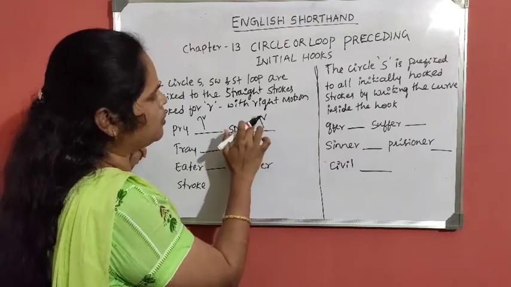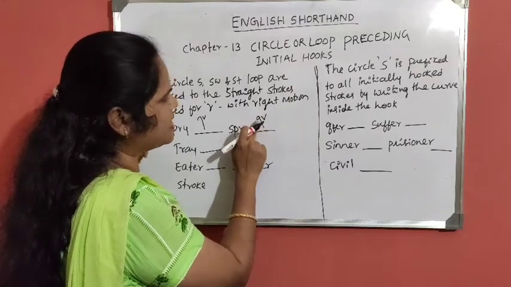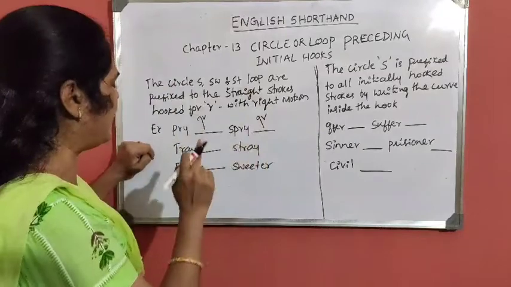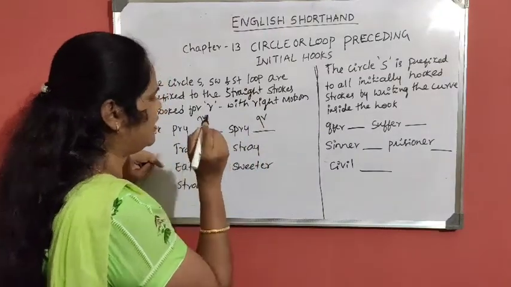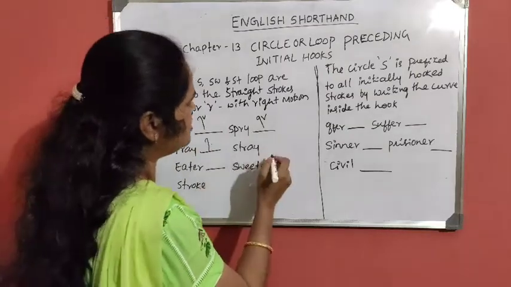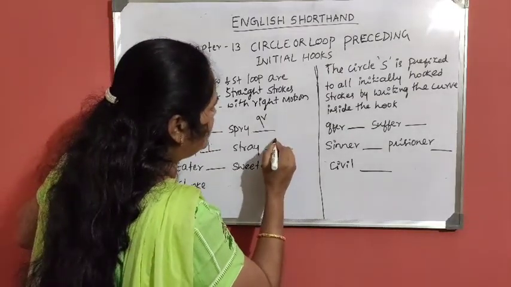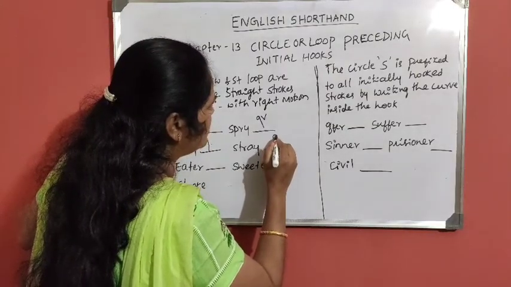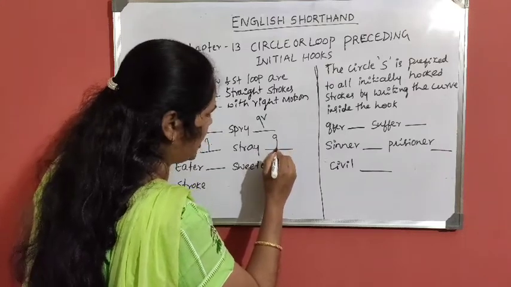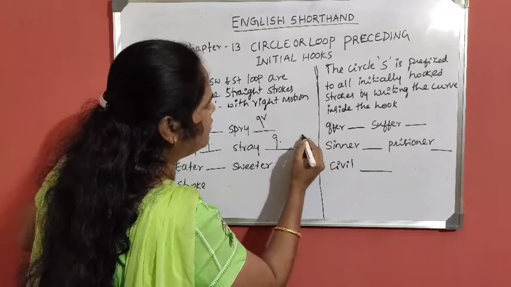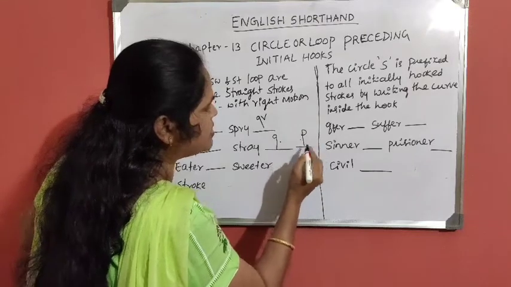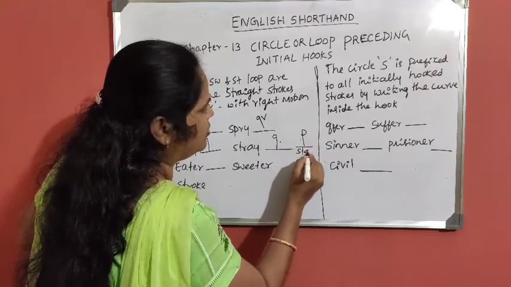This includes both the circle S and R. This is pry. Again tray. T on the line. Then this is stray. With the right motion you have to write. This is stray. Suppose if you write with the left motion, then it becomes stay.